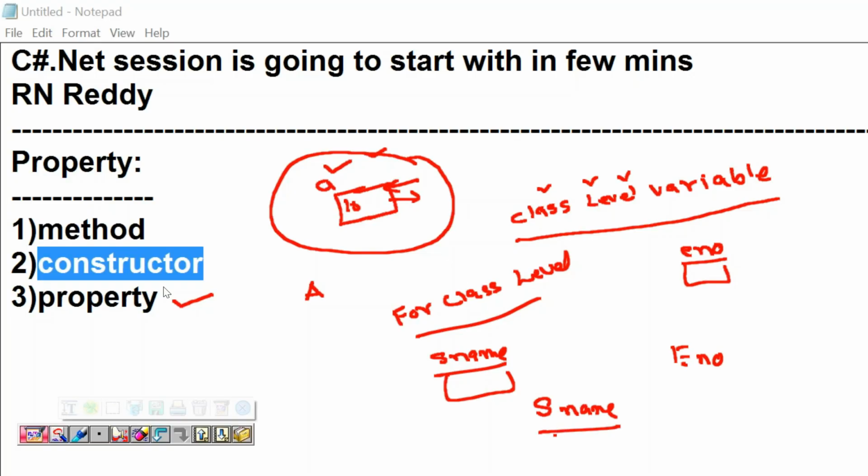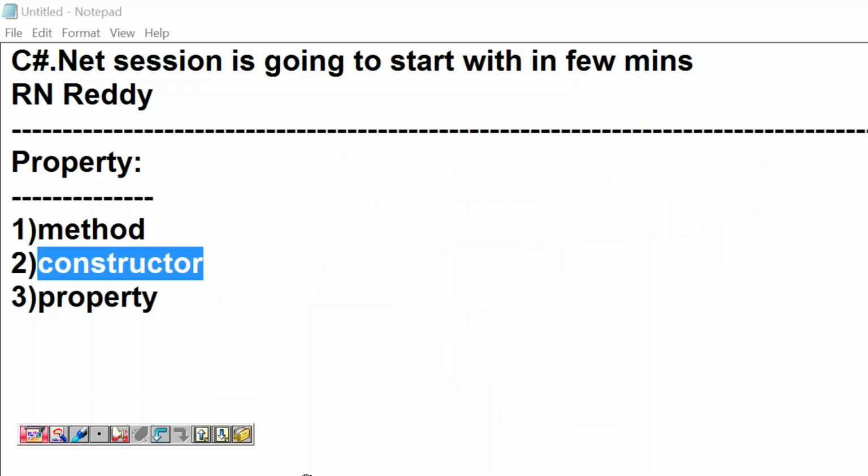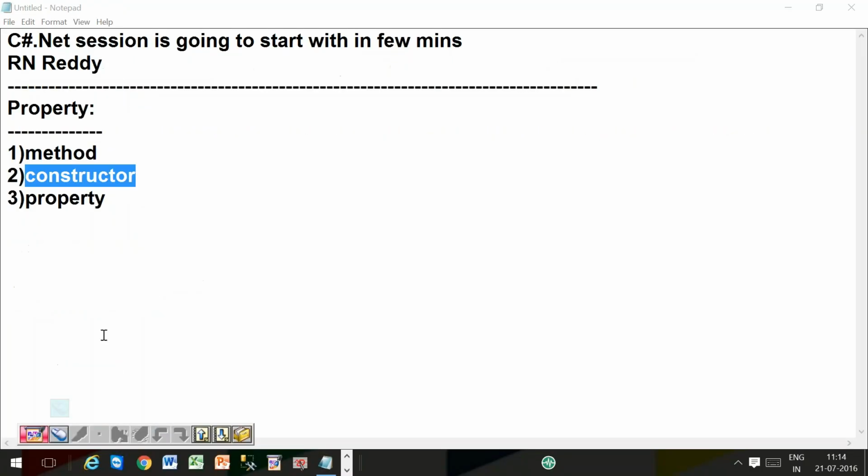Again, property is a member of a class, which is an individual initialization and retrieval mechanism for a class level variable.